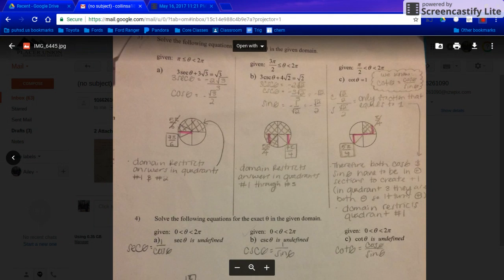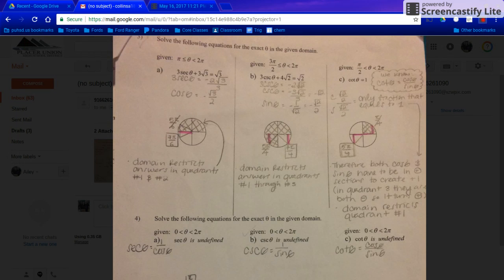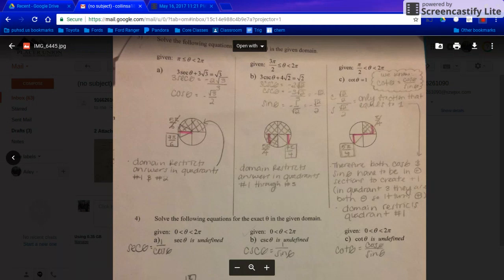Okay, so for 3a, since we know that secant is equal to 1 over cosine, first we're going to simplify this equation by subtracting 3 root 3, which gives us 3 secant theta is equal to negative 2 root 3. Then we're going to divide it by 3, which gives us secant theta is equal to negative 2 root 3 over 3. And since we're trying to solve for cosine, I'm just going to flip it because secant is the opposite of that.